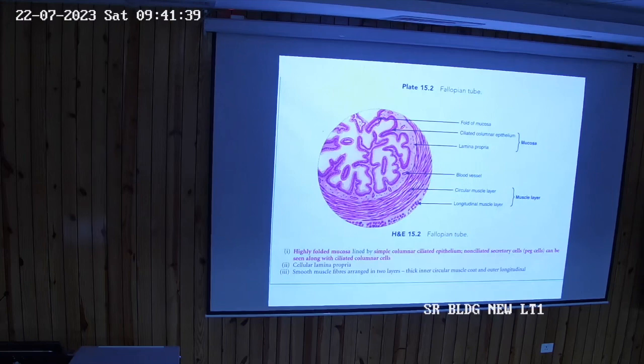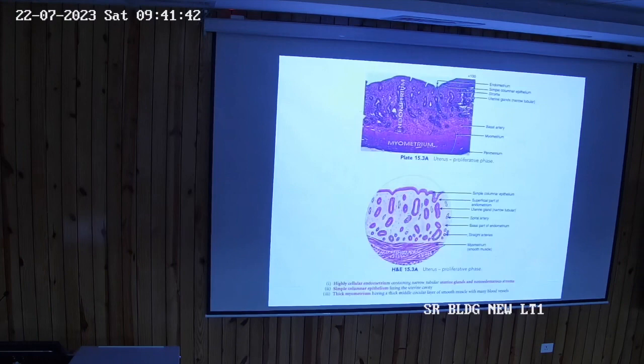Next, an important part: the uterus. The uterus is a fibromuscular pear-shaped structure, and it also has three coats, named perimetrium, the outer coat; myometrium, the middle coat; and endometrium, the innermost coat.